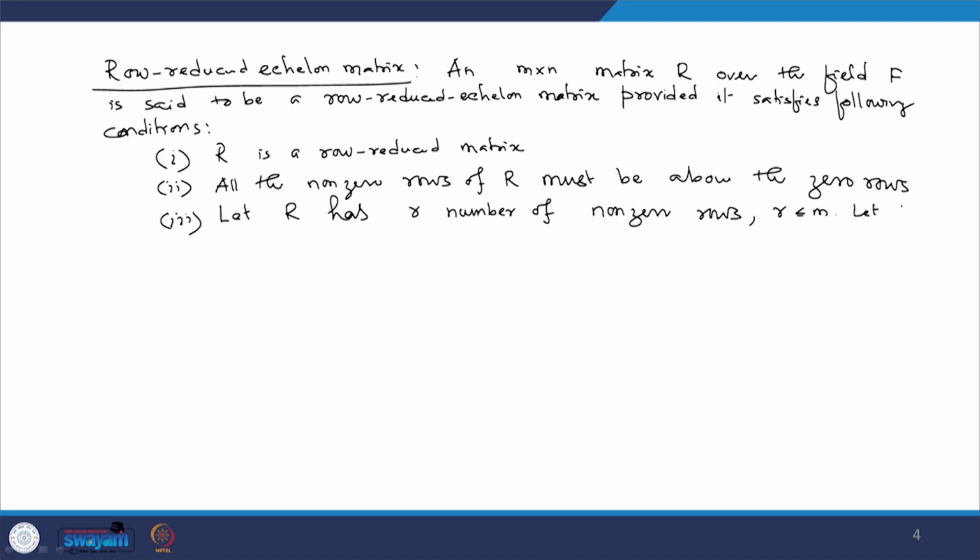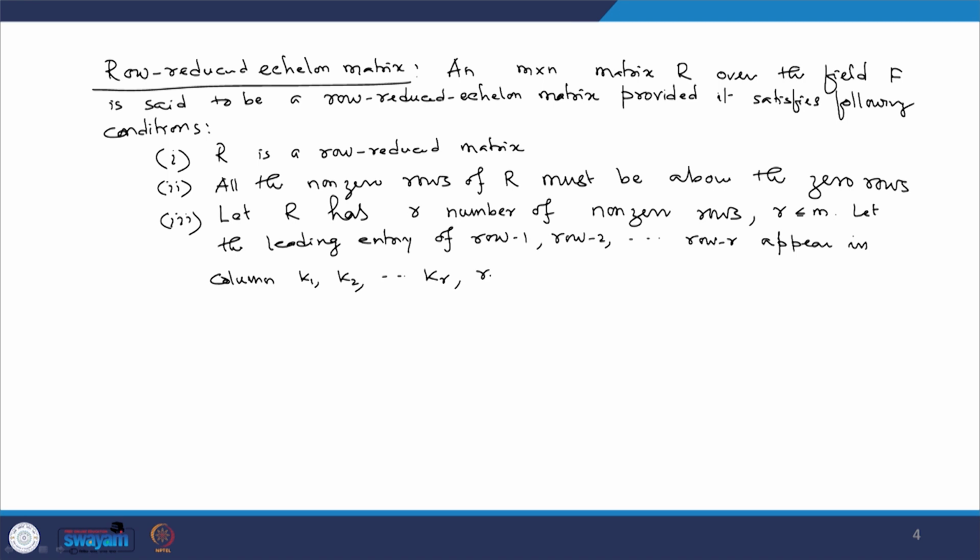Let the leading entries of row 1, row 2, up to row r appear in columns K1, K2, Kr respectively.